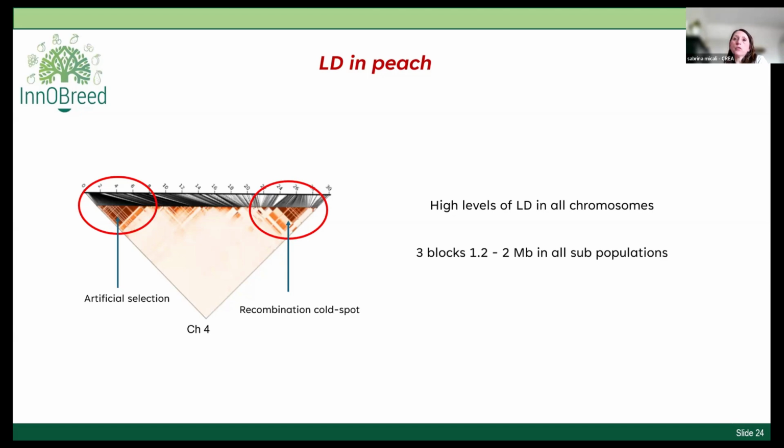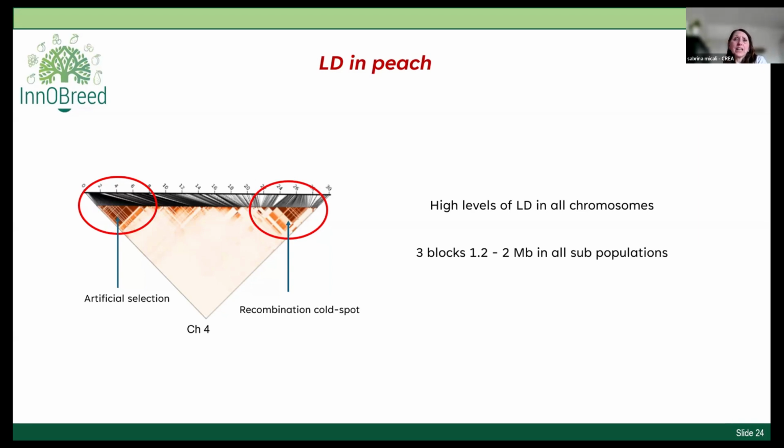Blocks of more than 1 to 2 megabases were present in all populations, and here you see the heat map of chromosome 4, with the map of the chromosome and the position of the SNPs.